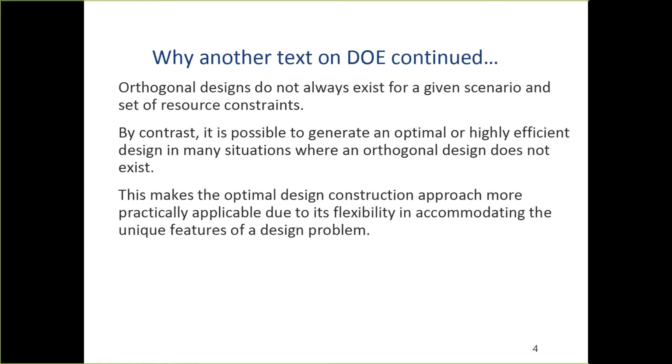And part of the real motivation here is standard designs, orthogonal designs, don't always exist for a given situation. And so what people sometimes do is they change the problem to fit the solution. And that's not always a very good approach in science and engineering and business.